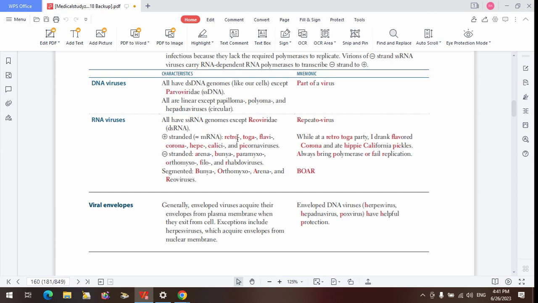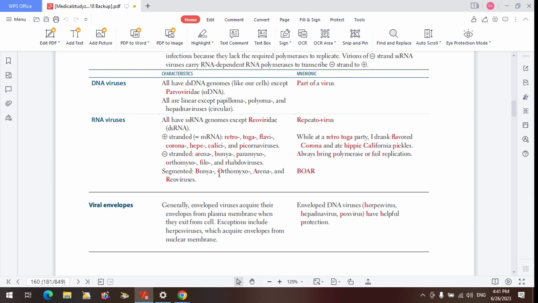Almost all of them are positive strand, except these ones. These are the negative strands. So the way I try to remember them is that I start with my Arena again. Arena, AB. I know that A will always follow B. In terms of segmented, they are together. In terms of negative strand, they are together.